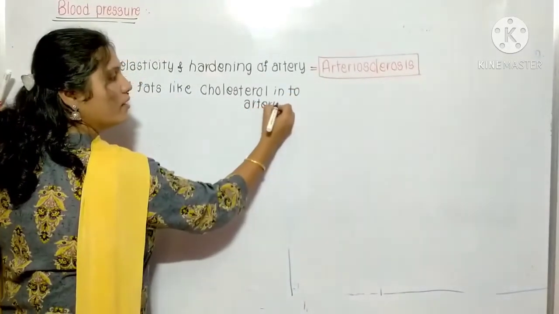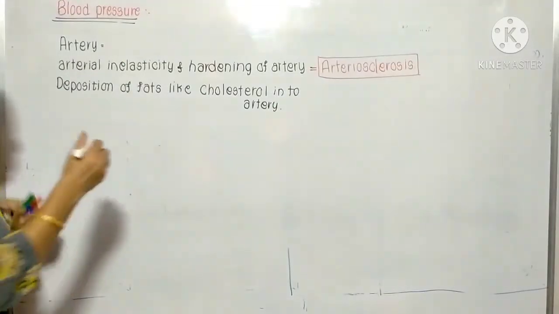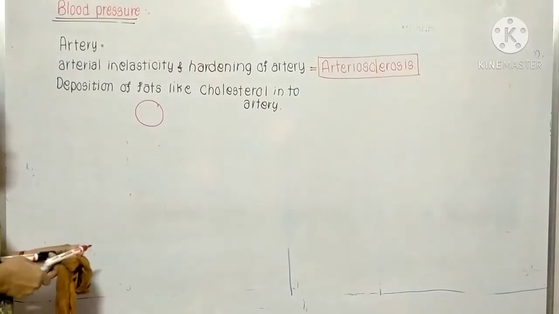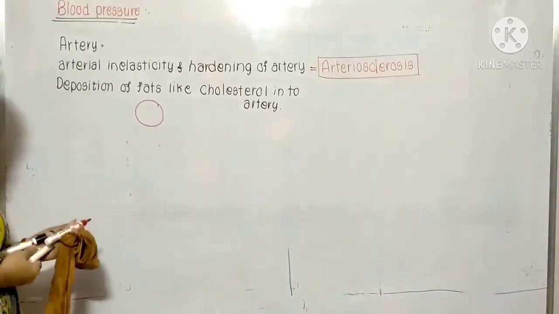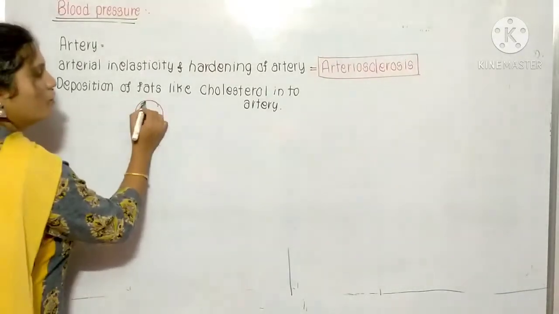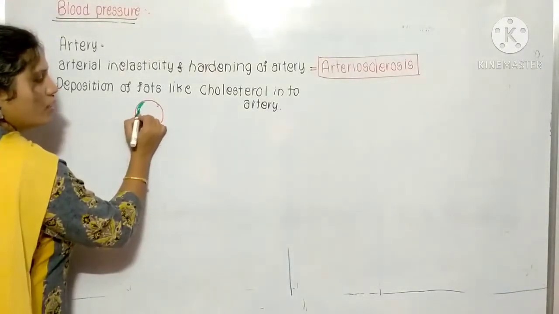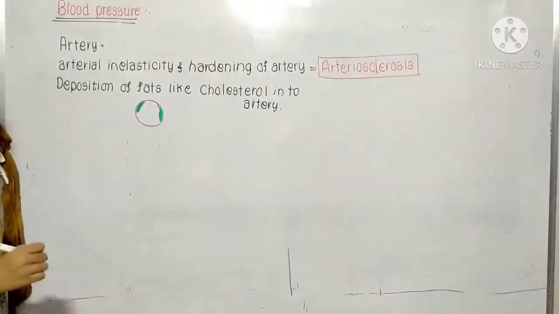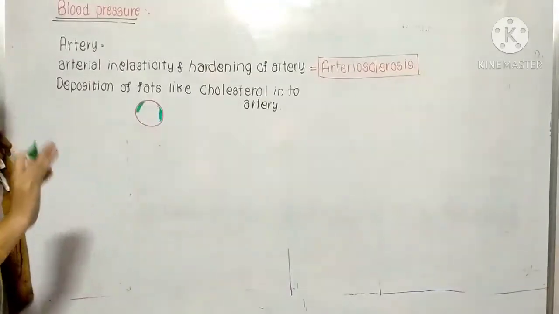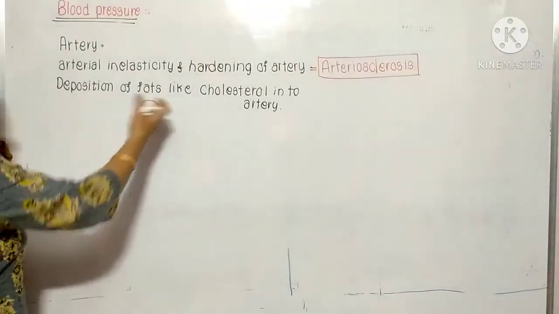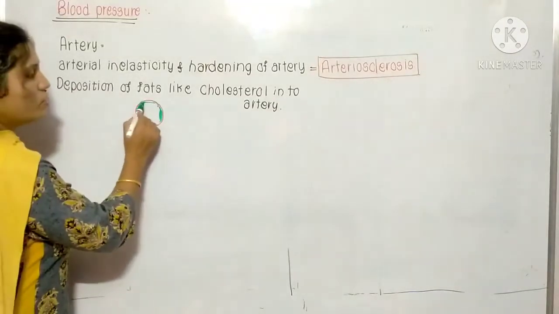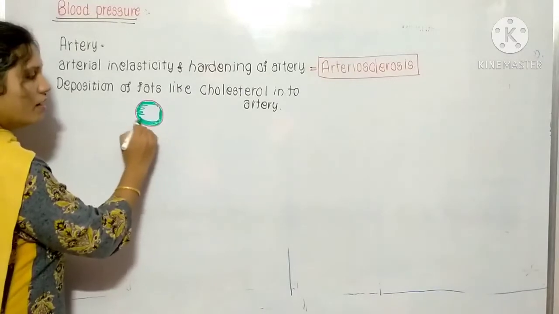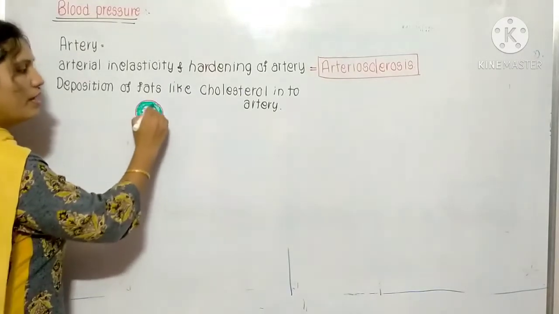Deposition of fats like cholesterol in the artery, into the lumen. Suppose these are the arteries, and inside the arteries there is a deposition of fatty substances, first slowly inside the lumen. Then, if you do not stop eating fatty substances, these fats get deposited here and form a plaque inside the arteries.